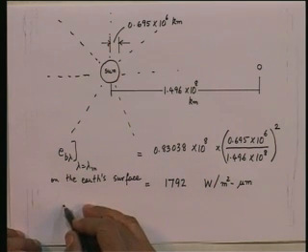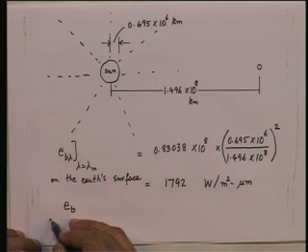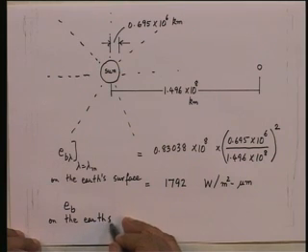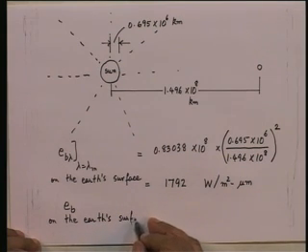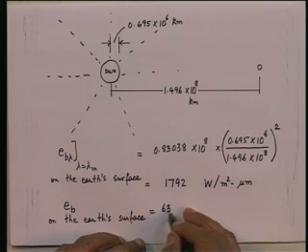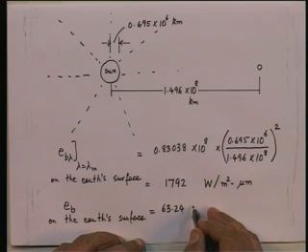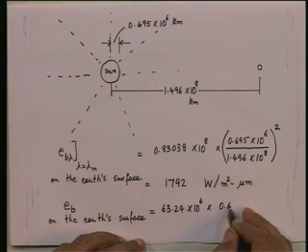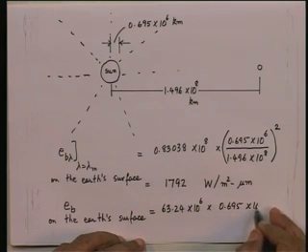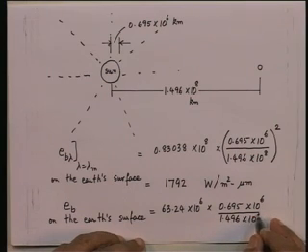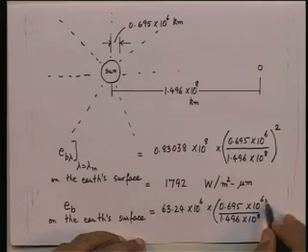Similarly, the value of E b on the earth's surface will be given by 63.24 into 10 to the 6, that is the value on the sun's surface, multiplied by 0.695 into 10 to the 6, divided by 1.496 into 10 to the 8, the whole thing squared.